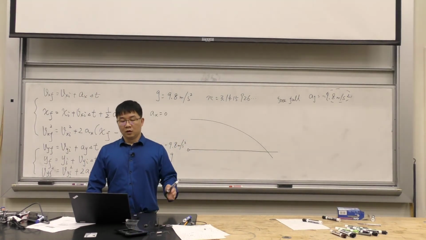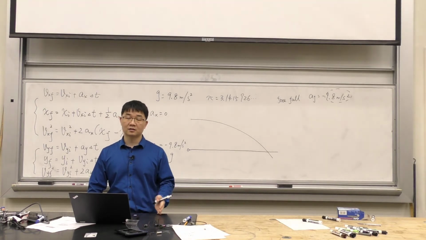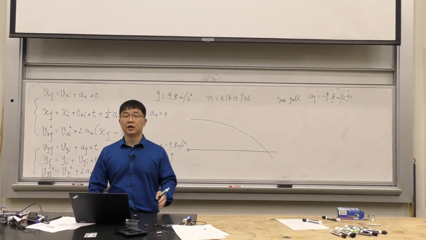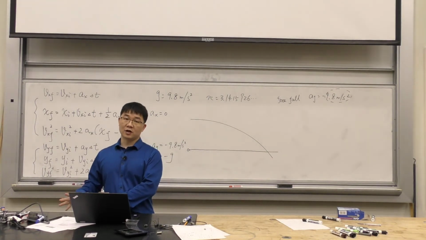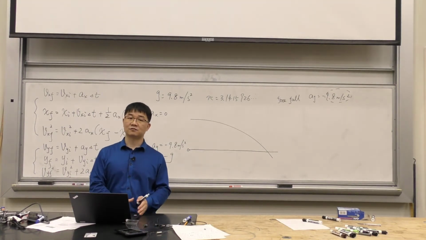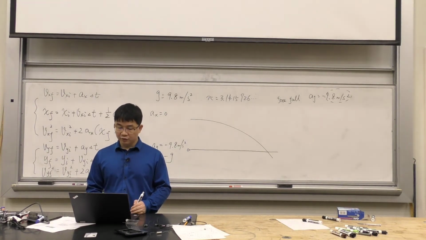You should always be careful. Some people make mistakes in this part because they get these values mixed up. You don't use any x values in y direction. You don't use any y values in x direction. That's a very common mistake people make in this part, so you should be very careful.